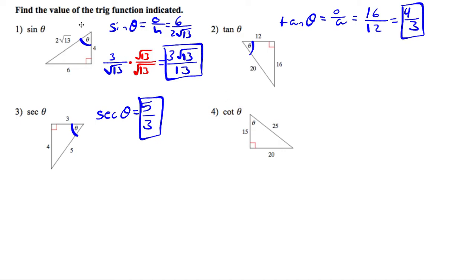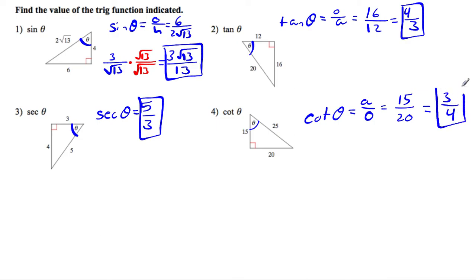And finally, cotangent. Cotangent is the reciprocal of tangent, so that's just adjacent over the opposite. If this is the reference angle, the adjacent side is 15 and the opposite side is 20. So that leaves us with 3/4.